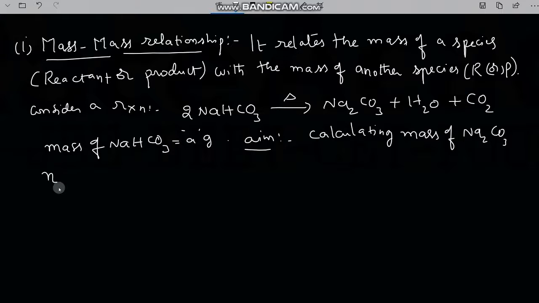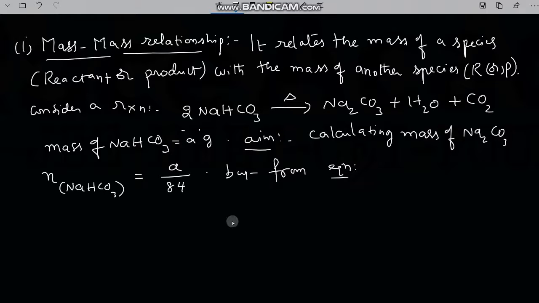So what is the number of moles of sodium bicarbonate, NaHCO3? That will be the mass of sodium bicarbonate, a, divided by its molar mass, 84. This is the number of moles of sodium bicarbonate in the reaction. But from the equation, how many moles of sodium bicarbonate are there?